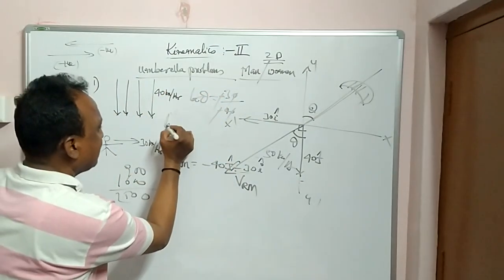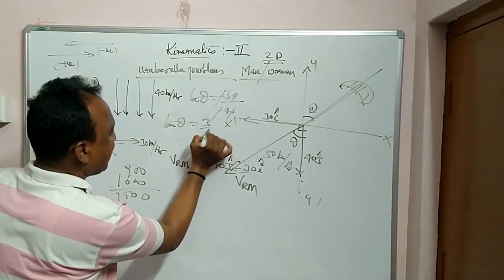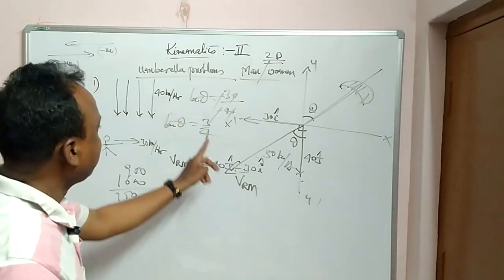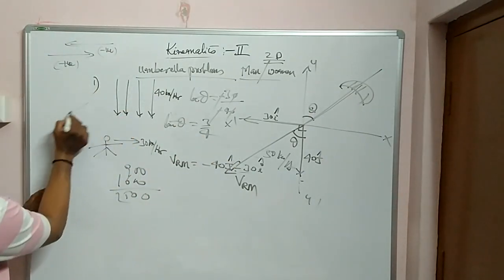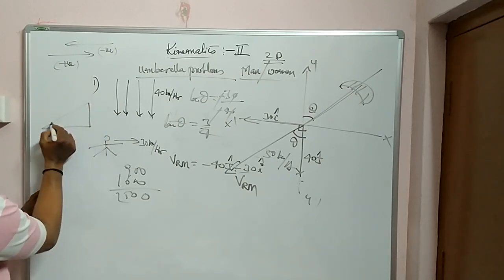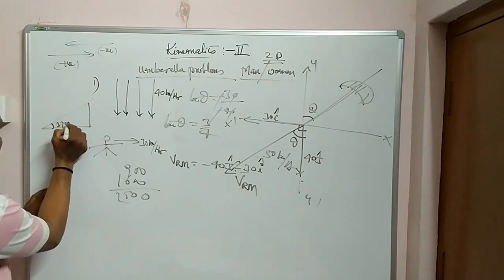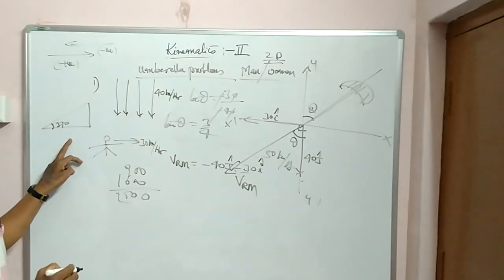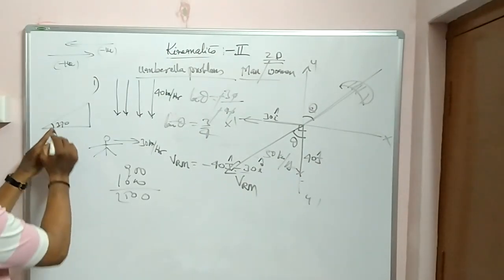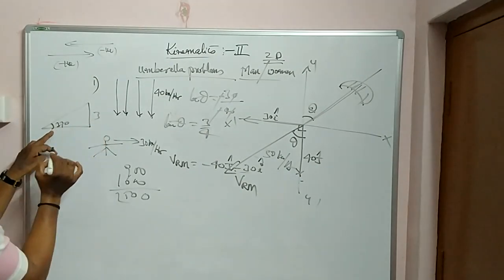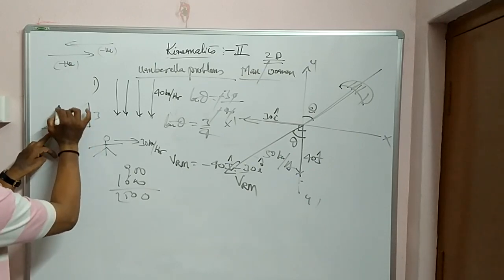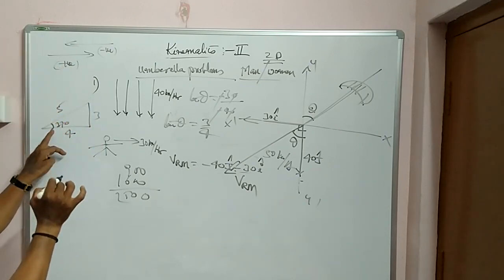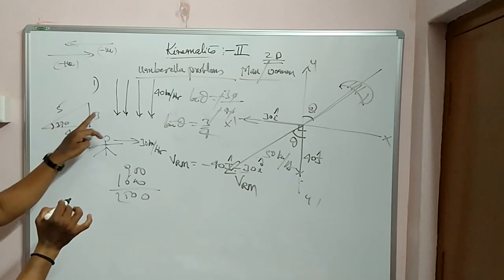Tan theta is equal to 3 by 4. I told you a number of times, this is a famous triangle. Famous triangle means, for example, when 37 degrees is given, this is also called a Pythagorean triplet. 37 means opposite 3, base 4, hypotenuse 5. So tan 37 is how much? 3 by 4.